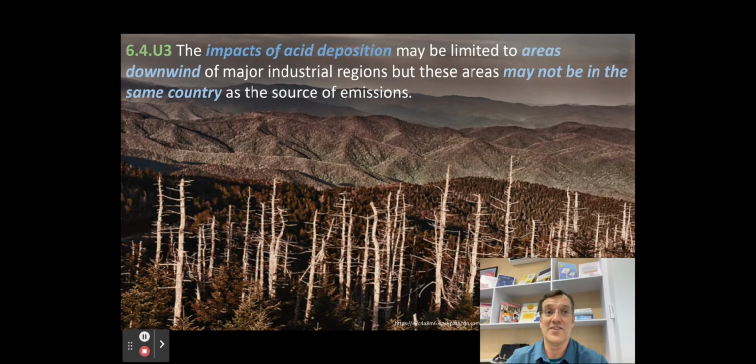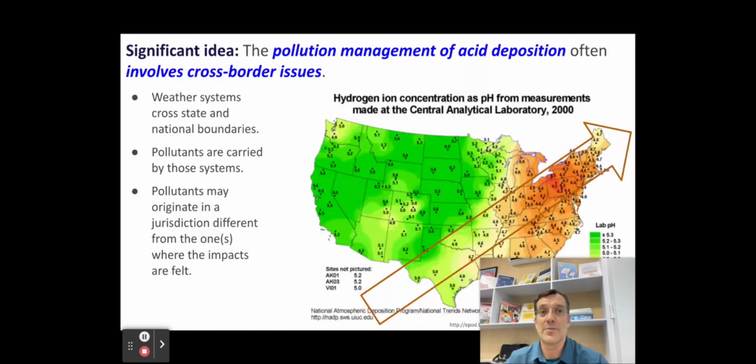Acid deposition isn't just a local problem. It's also a regional and a global one. The impacts of acid deposition may be limited to areas downwind of major industrial regions, but these areas may not be in the same state or even in the same country as the source of emissions. This map here shows the prevailing wind direction in the United States and the concentration of hydrogen ions in precipitation.